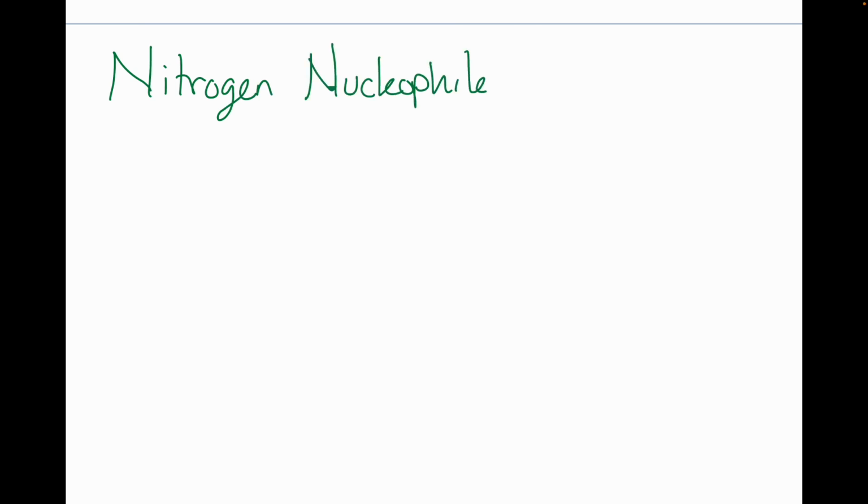Okay, just to summarize for our nitrogen nucleophiles, again, we put this into a different bucket than our acidic and basic nucleophiles. If we take, we always use acetone. Let's do cyclohexanone.